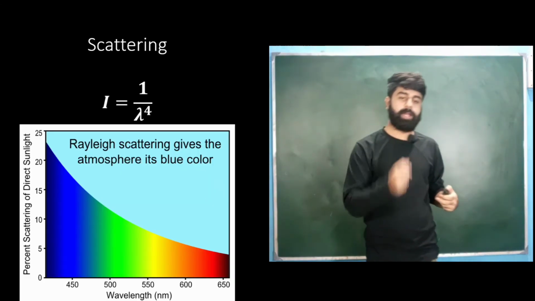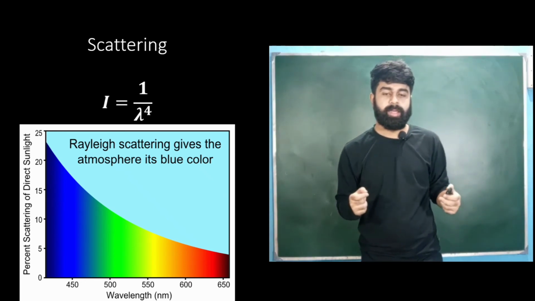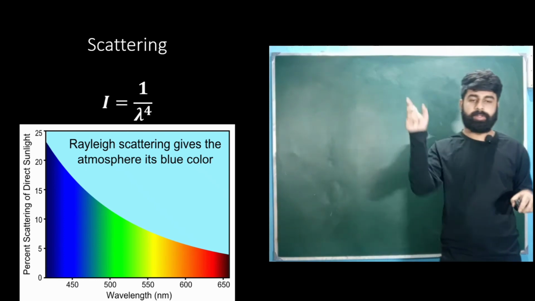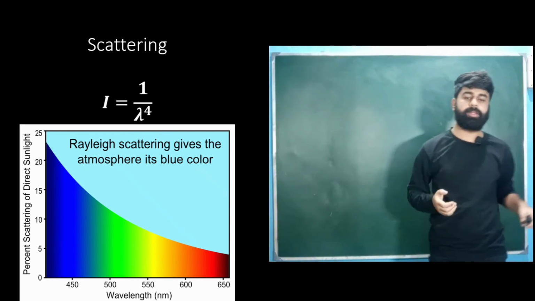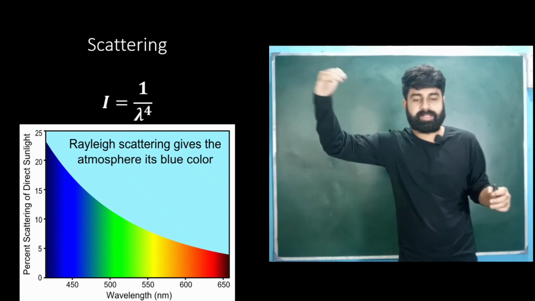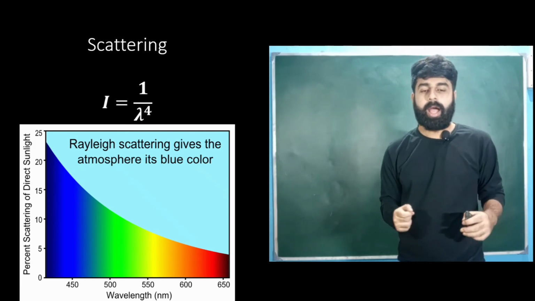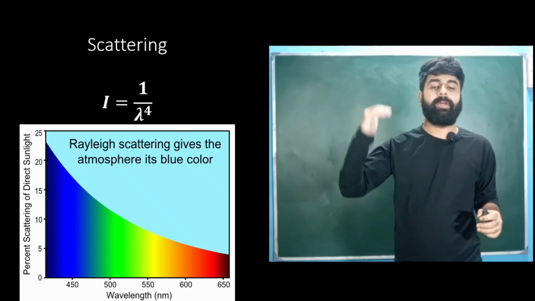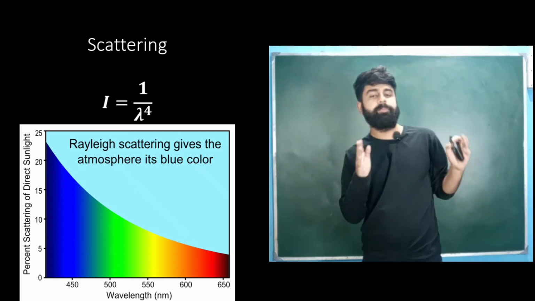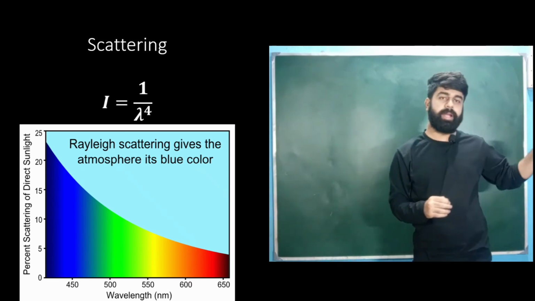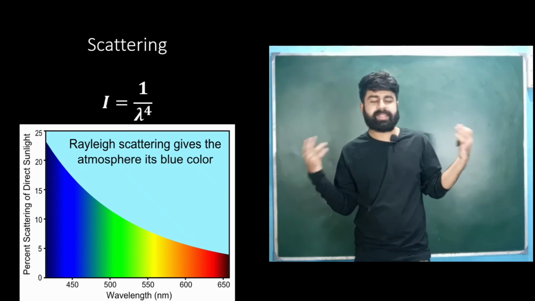If you look at the graph here, you can see the scattering also depends on the wavelength. If you plot the percentage scattering of the direct sunlight, you can see about 20 to 25% of just blue light is getting scattered, and red light is not getting scattered too much.